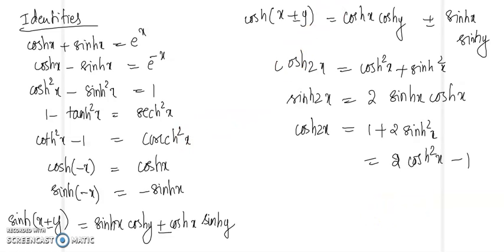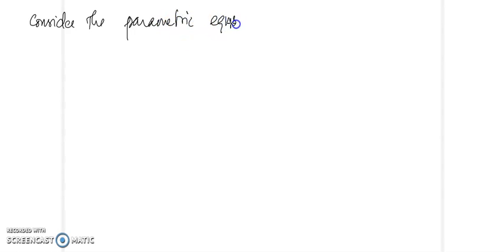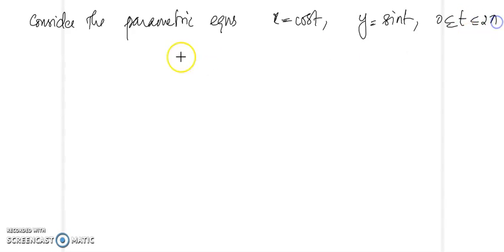Now let us look into why these functions are actually called hyperbolic functions. Consider the parametric equations. Take x equal to cos t and y equal to sin t, where 0 is less than or equal to t less than or equal to 2 pi.